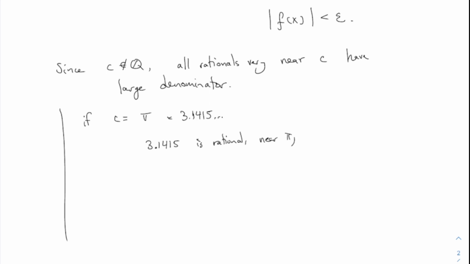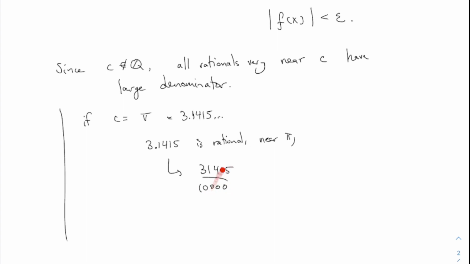But because it's so near pi, this has a very big denominator. If you write it as a fraction, it is 31415 over 10,000. And that fraction can be reduced a little bit, but not a lot. So as written, it has denominator 10,000.